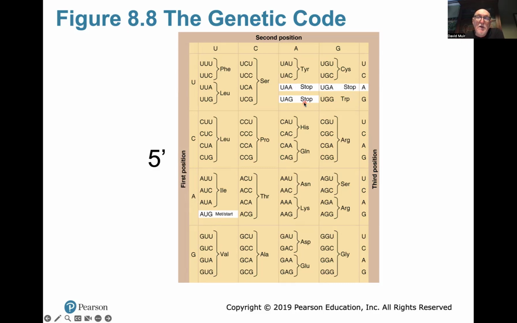When in the process of translation, as you'll see, the cell encounters any of these, UAA, UAG, or UGA, the process of translation will stop. So we start at AUG, we stop at one of these 3, and in between, the cell is going to use all of the codons that it sees to bring in the correct amino acids in the correct sequence.